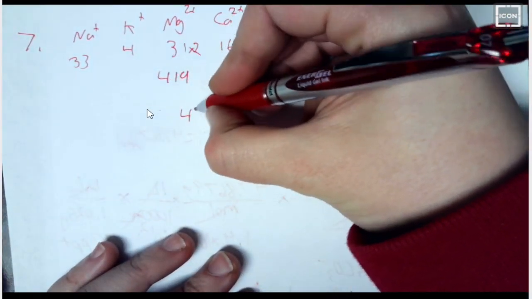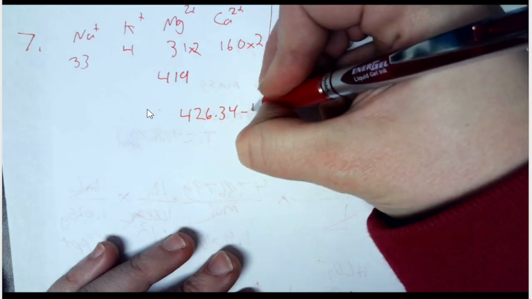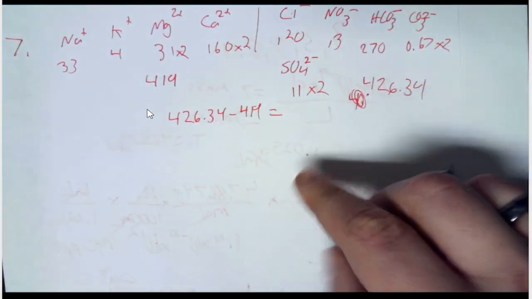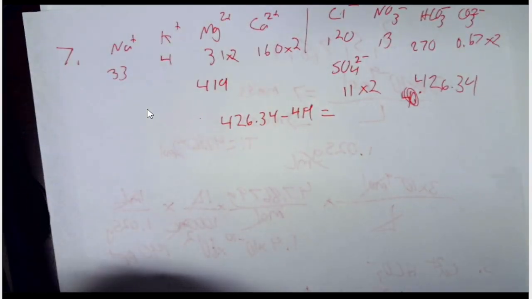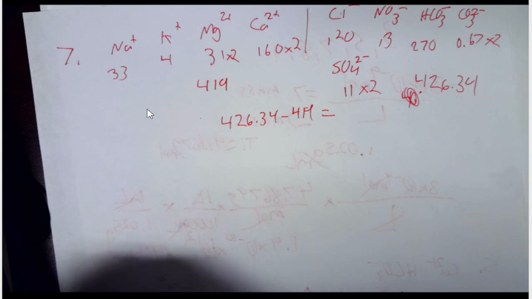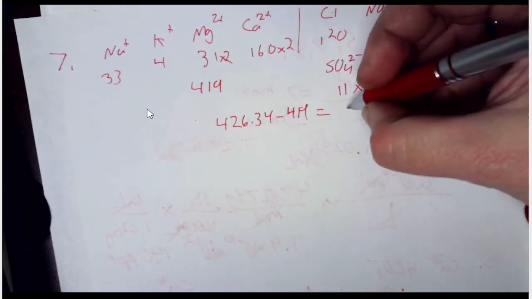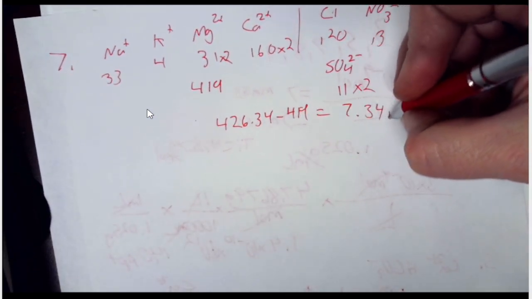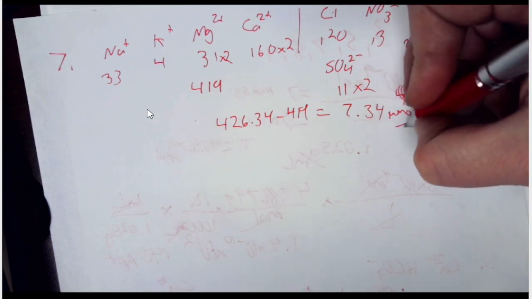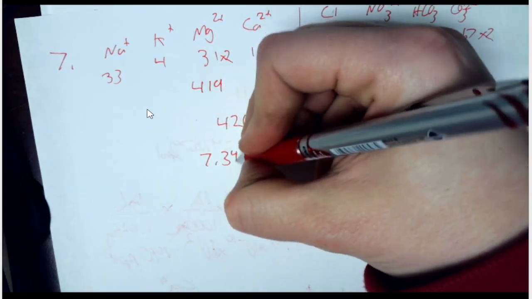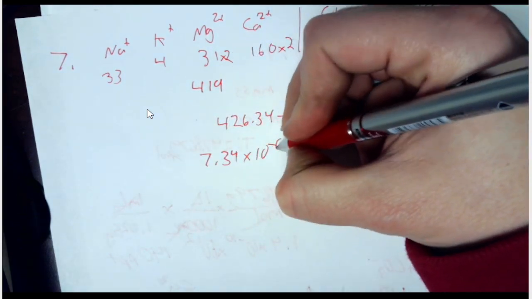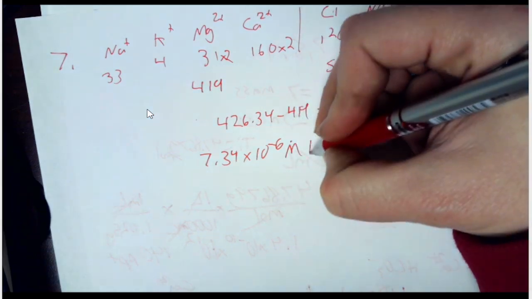Okay, that's all in micromoles per liter. Not too different, so the difference, 426.34 minus 419, would be our concentration of hydronium in micromoles. So 426.34 minus 419 was going to be something like 7.34, not millimoles, but micromoles per liter. So turning that into scientific, 7.34 times 10 to the negative 6 molar hydronium.